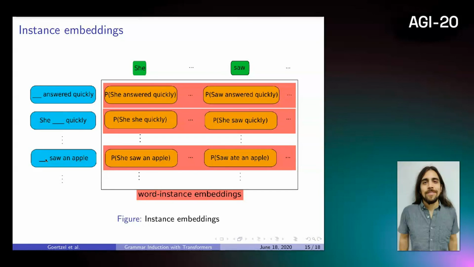Saw can have different meanings, right? It can function as a verb or as a noun. So this instance is taking one of those meanings. In this case, this saw is functioning as a verb. So this instance would be similar to other verb uses of saw, but very dissimilar to noun uses of saw. So then we can distinguish them, cluster them, and obtain word senses.